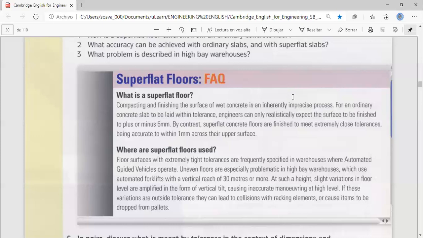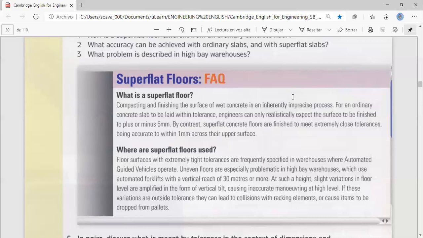Warehouse is common for me. The surfaces that warehouses have are super flat floors. It's necessary in those areas. It's important.